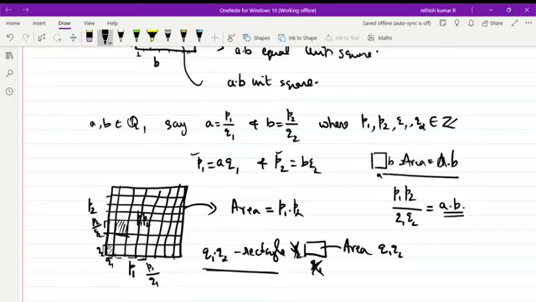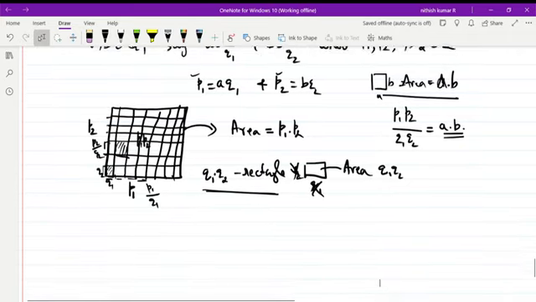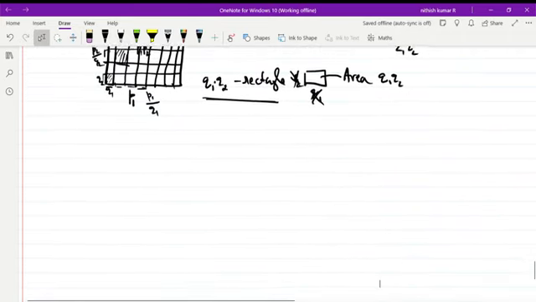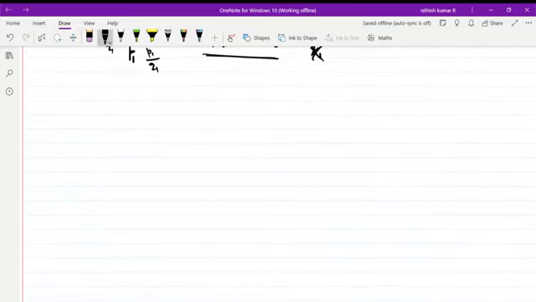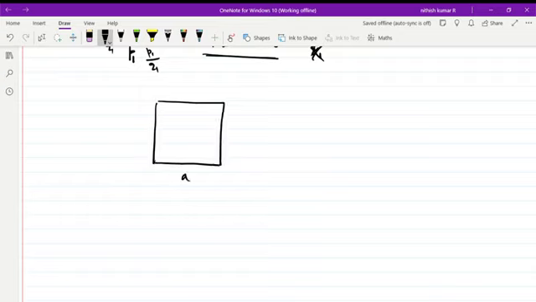Moving further, what happens if the sides are not rational? In general, let's consider a rectangle with the sides A and B, where A, B are both real numbers. I don't know whether they are rational or irrational. In such a case, how to find the area? Using your previous knowledge of real analysis, for every real number there exists a sequence of rationals.